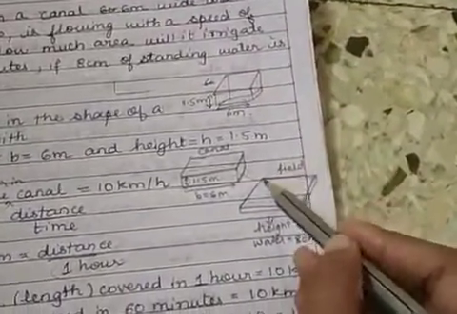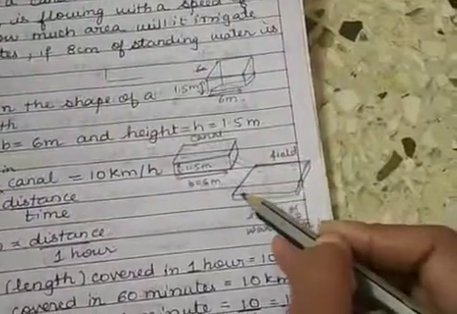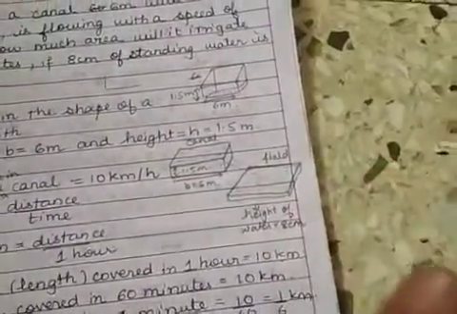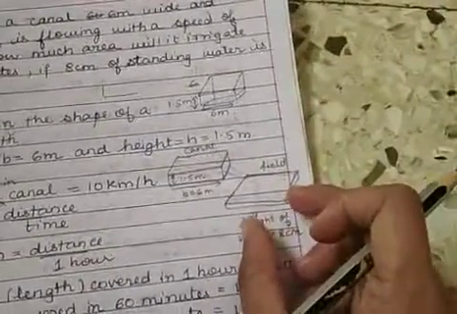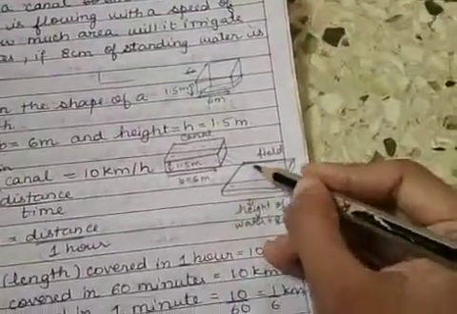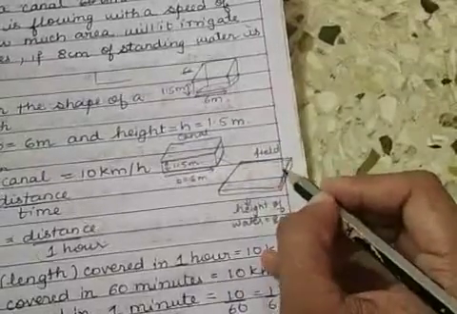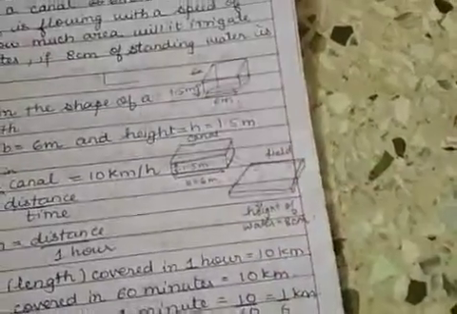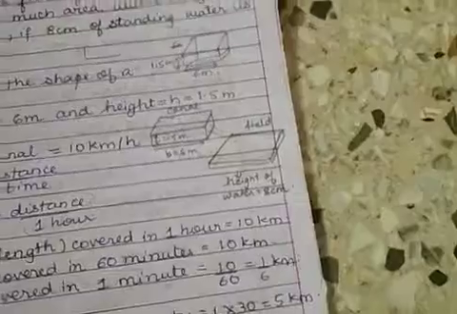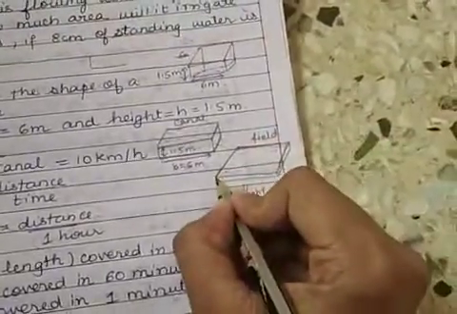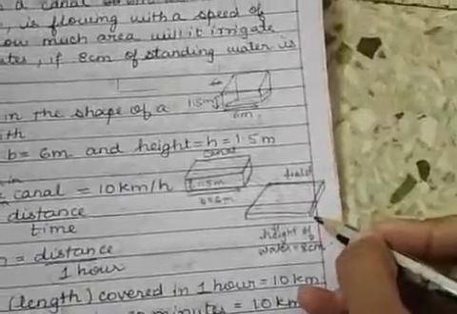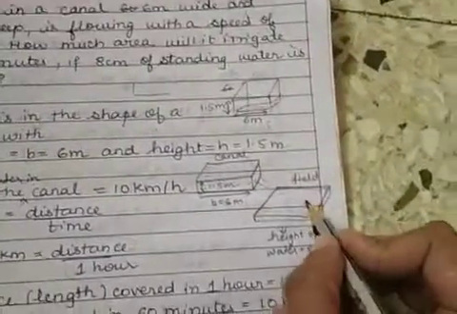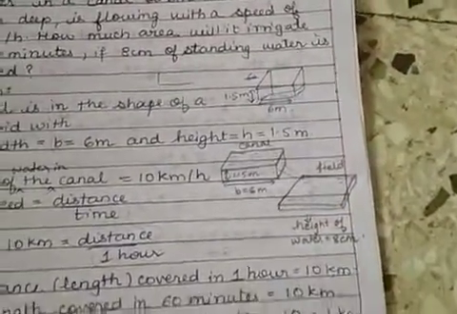So you have to find how much area of this field is irrigated such that at a time there should be 8 centimeters standing water. Means the level of water, the height of water in this field should be 8 centimeters. That is the meaning of 8 centimeters of standing water.